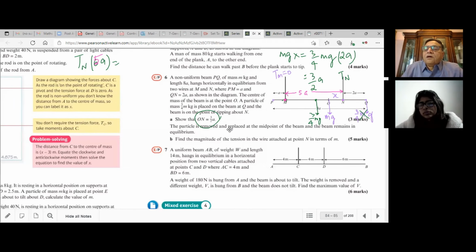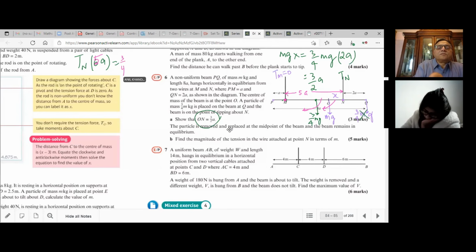Now the counterclockwise, this is acting in this direction. These two are acting in this direction. Is it okay? So counterclockwise is 3 by 4 mg times the distance, which is, because it is in midway, 4a minus a, which is 3a.